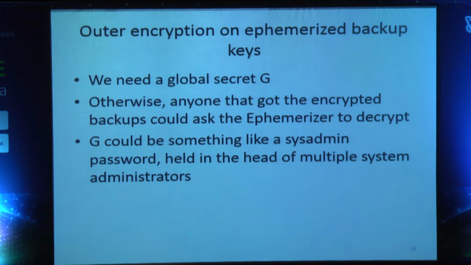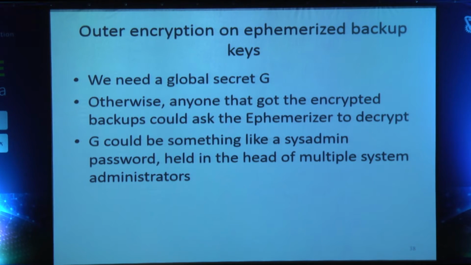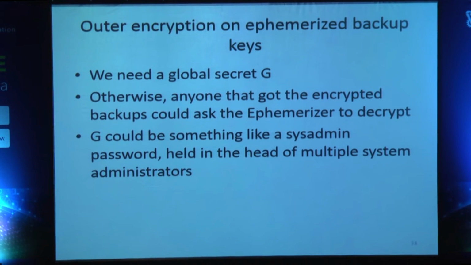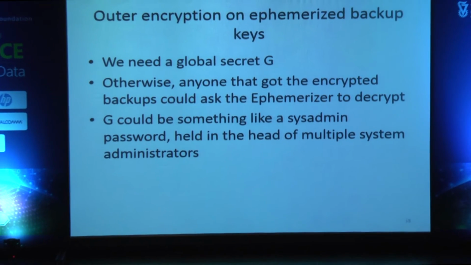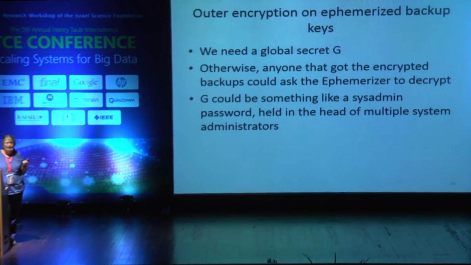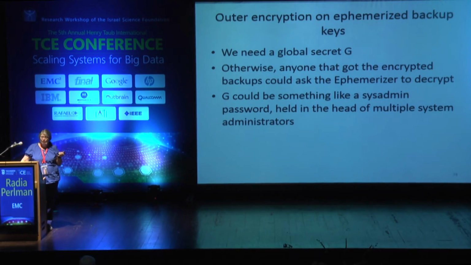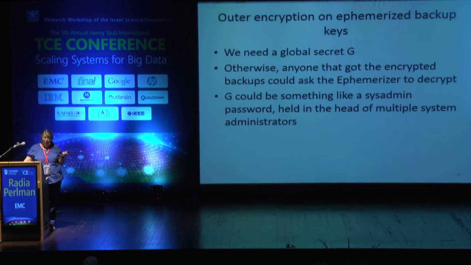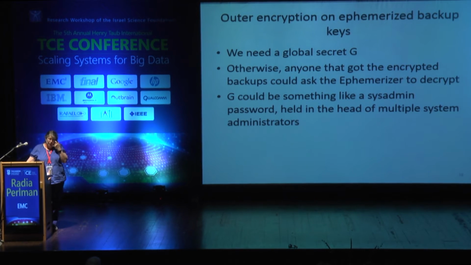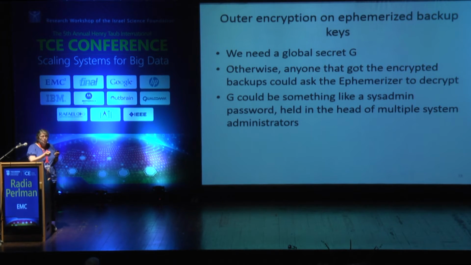And then I said that the backup tape that you've ephemerized each one of the keys, you have to encrypt it one more time. And this could be as simple as a sysadmin password that all of your cloud administrators know, or you can give each one of the system administrators a smart card that's biometrically activated, and it requires 3 out of 5 of them to be plugged in order to retrieve the secret.